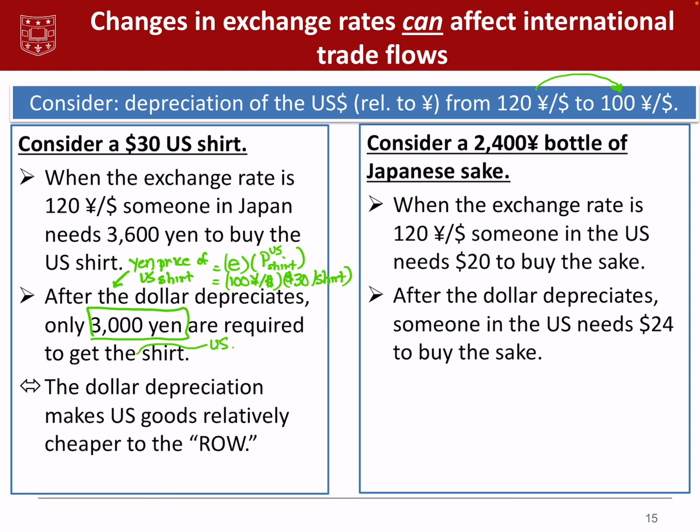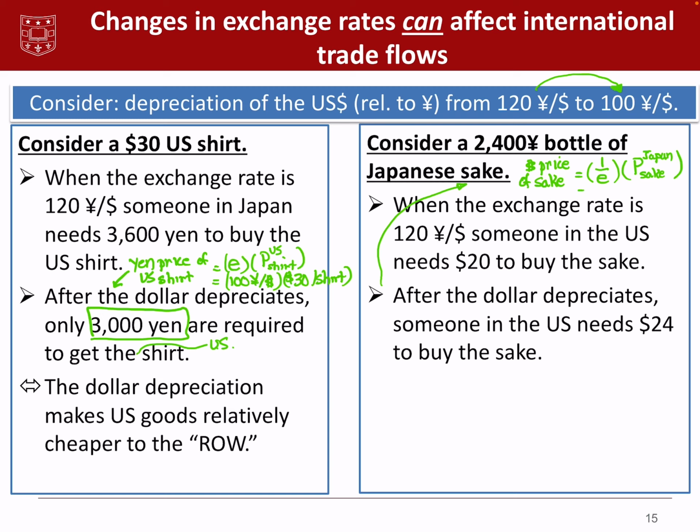So again, the way to think about this: we'll come up here to get a little bit more space. The dollar price of sake is equal to 1 over the nominal exchange rate times the price in Japan, in this case, of sake.